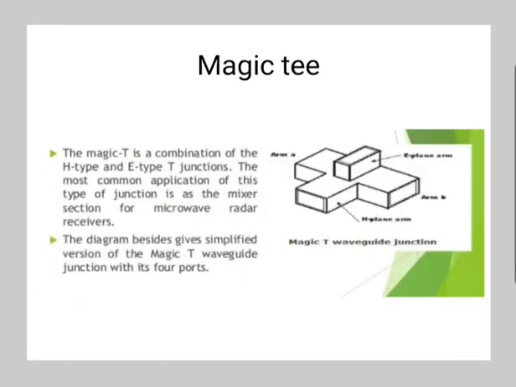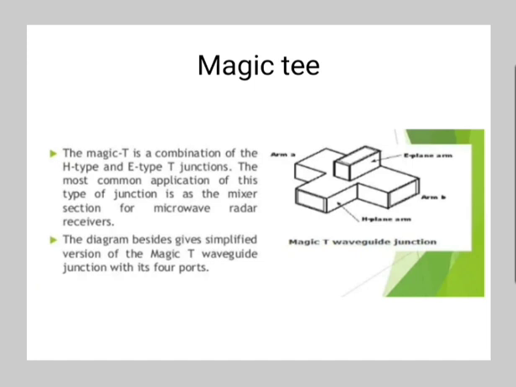Next is the magic tee. The magic tee is the combination of the H type and E type junction.